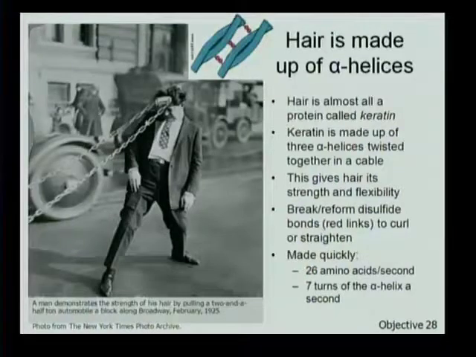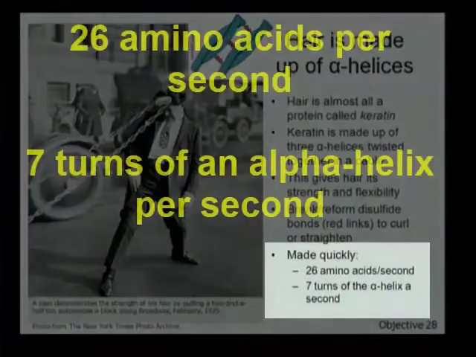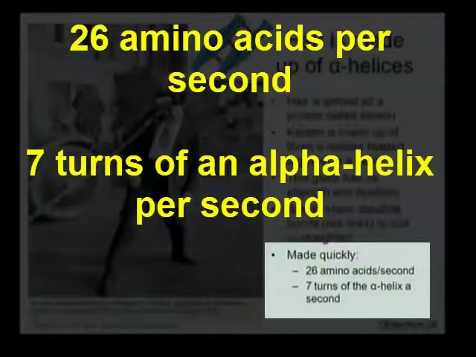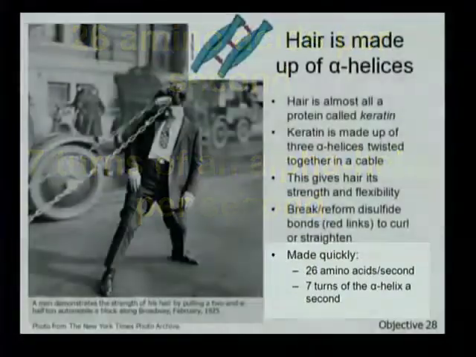I was curious how fast it is that we make these alpha helices when we're making hair. If hair grows at a rate of about a half inch a month, which it does, we can use that information along with some information about the dimensions of the keratin molecule to figure out that we're making about 26 amino acids per second in the primary structure, or 7 turns of the alpha helix a second in the secondary structure of keratin as it's being made.